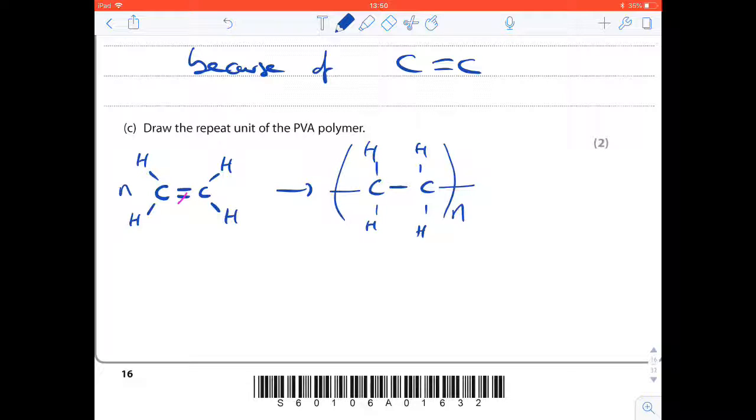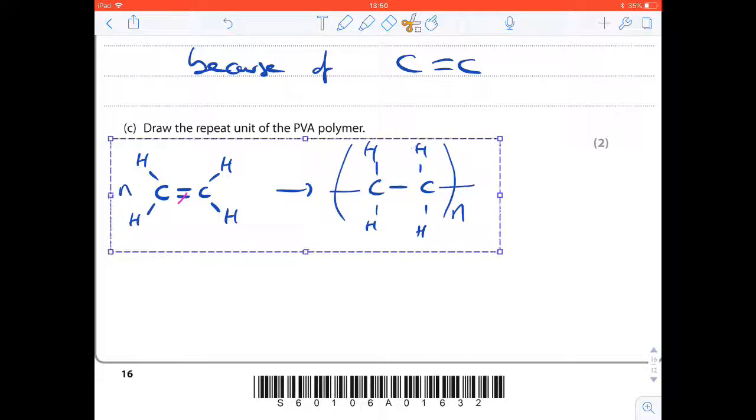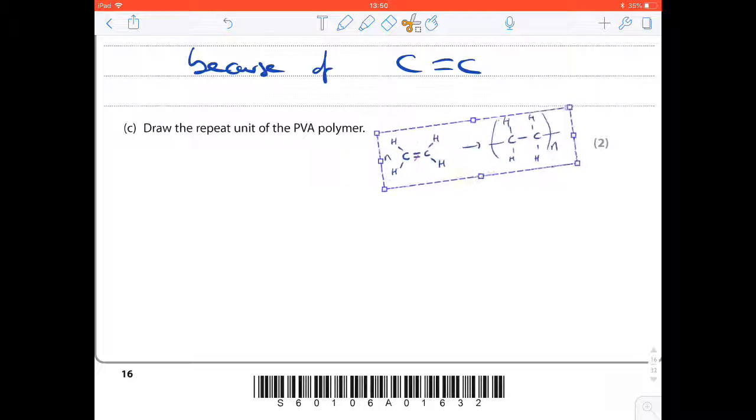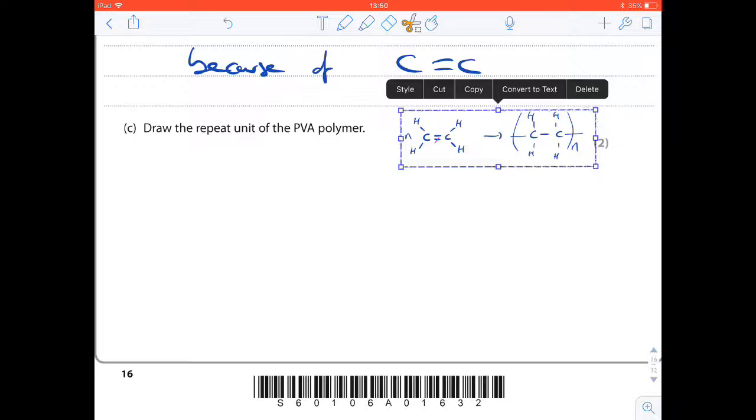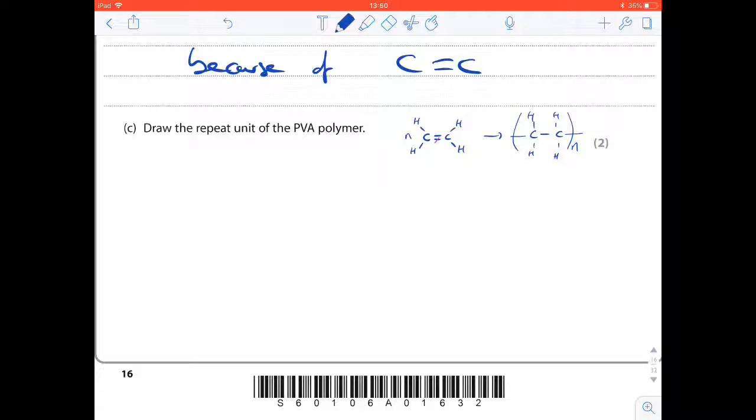Now PVA is different, so that example was just illustrative, so we can get rid of that. It's not really helping us in any way. And then what we want to do is look at our monomer, which, if we draw it in the same sort of configuration as the one on there, you've got H, H, H, and OH.